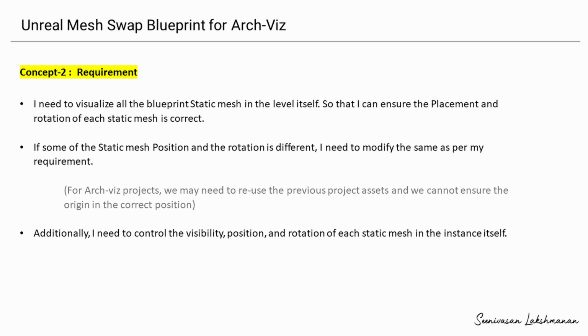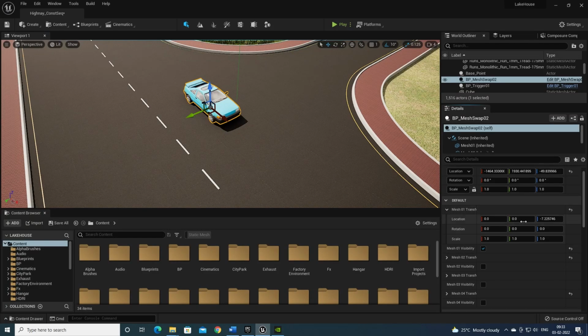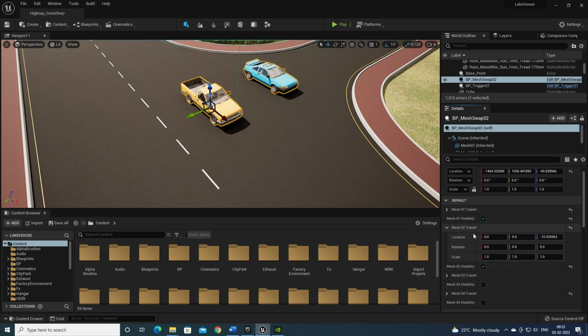Number 3, this is the additional requirement. I need to control the visibility, position and rotation of each static mesh in the instance itself. Why I need this functionality? By default, the new spawning mesh will appear in the same location of the first mesh.